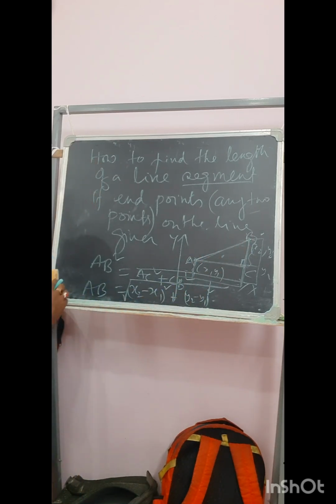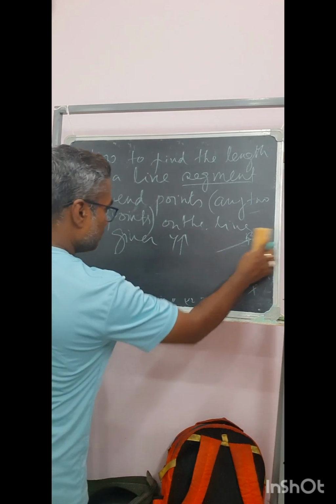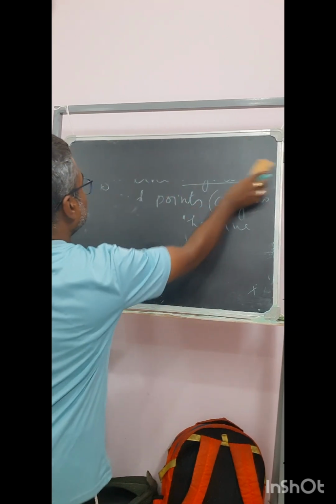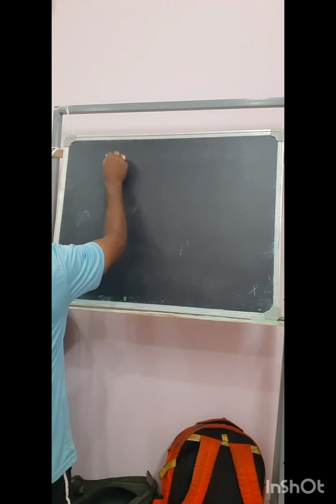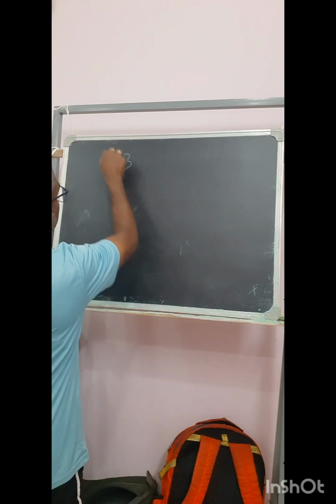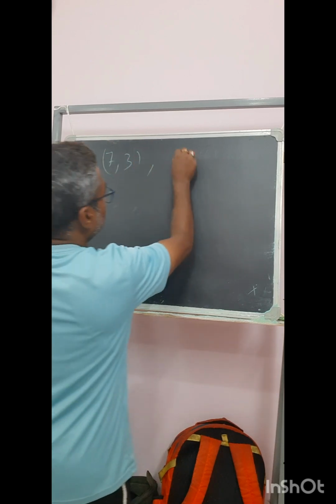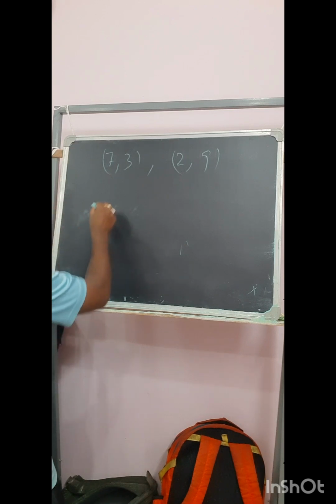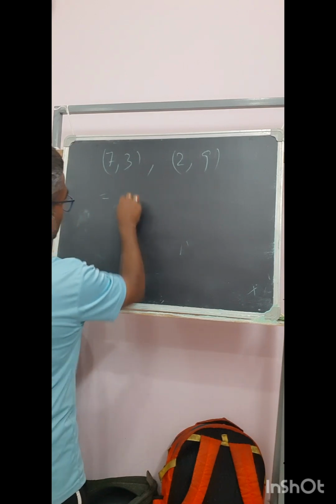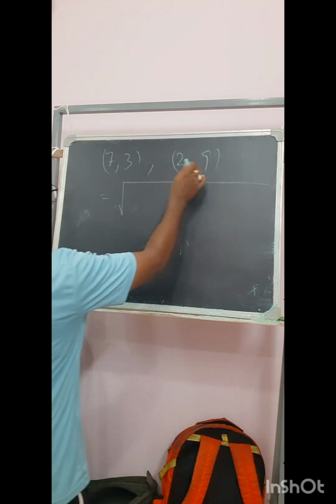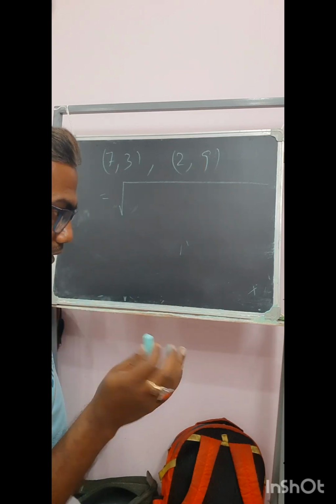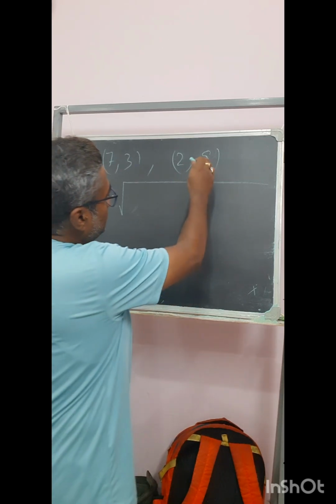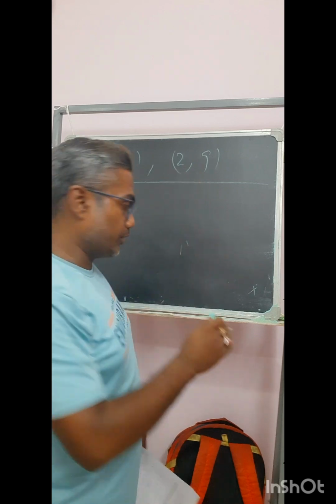So let's use a numerical example. Let's say there are 2 points given, 7, 3 and 2, 9. So you don't get confused with the sign. The only thing is that you have to follow the orientation of the points.